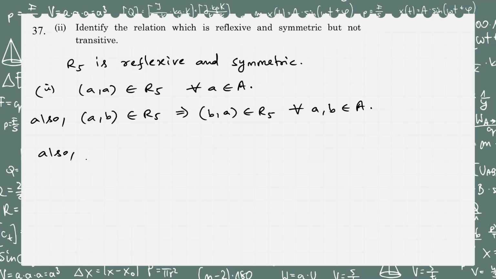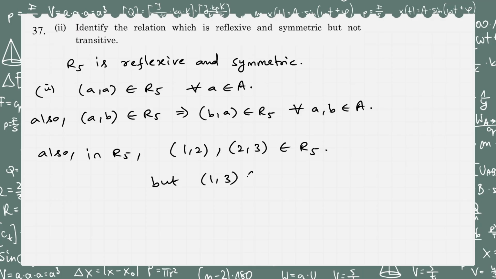Also in R5, 1 comma 2 and 2 comma 3 belong to R5, but 1 comma 3 does not belong to R5. Therefore R5 is not transitive. So that is the proof we wanted to give. So R5 is the required relation which is reflexive and symmetric but not transitive.